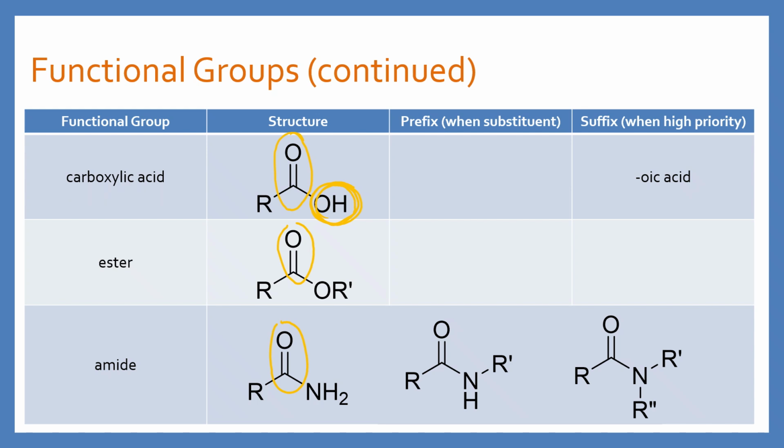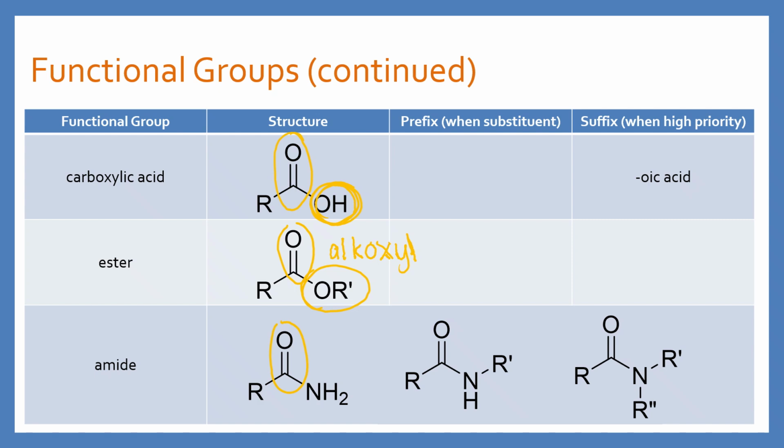In our next one, we have what's called an alkoxyl group. So this is a combination name of alkyl and hydroxyl. So an alkoxyl group attached to the carbonyl makes an ester.